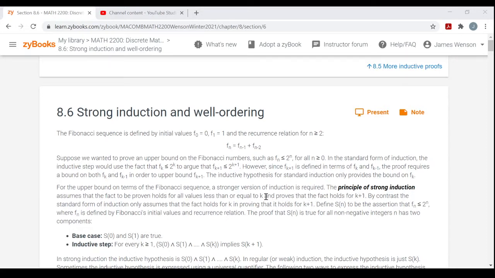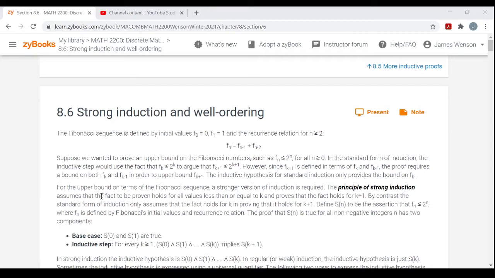So not only are we going to assume that it's true for n equals k, but we're going to assume it's true for n equals k, k minus 1, k minus 2, all the way back down to our last base case, all the way down to our highest base value.